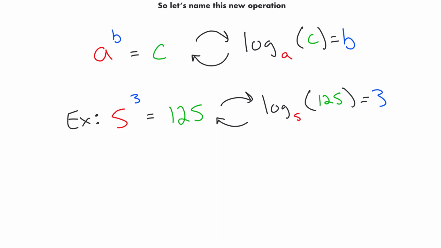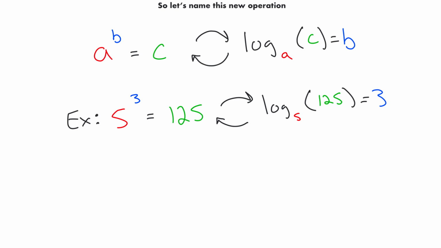It is saying 5 needs to multiply by itself until you get 125. In order for that to happen, you need 3 of them multiplied together. So it's saying 5 to what power is 125? The answer is 3. It's the same thought, just a different way of describing it.